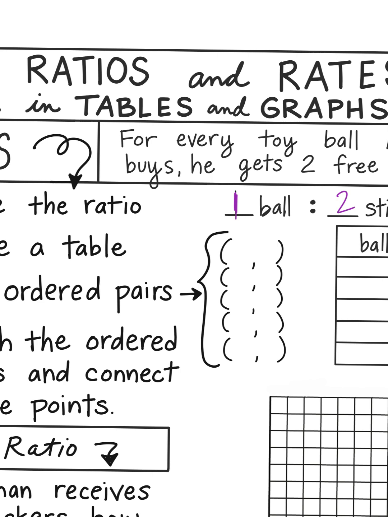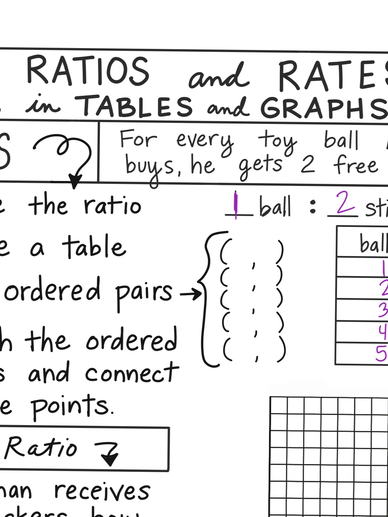I'm going to list for every one, I have 2. Then if I have 2, I end up with 4 free stickers. So I'm going to go all the way down to 5 to continue my pattern. And then I'm going to continue my pattern over here.